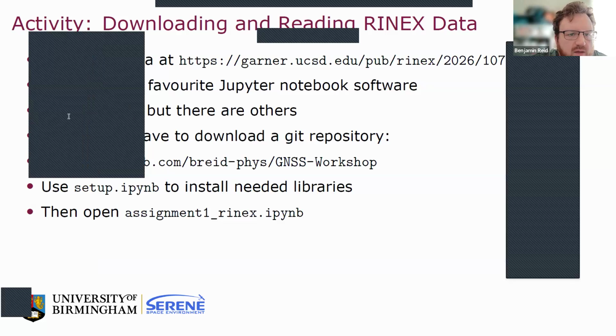Sorry, Amadi, I think someone needs help entering the room. Yeah, I'm taking care of that. Okay, thank you. Perfect. So has everyone downloaded the Git repository that I put a link to at the start of the chat? Or maybe has anyone not been able to do it yet?